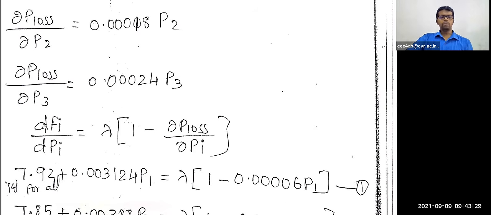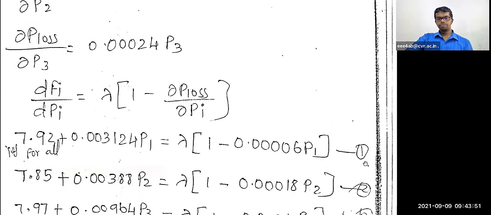I substitute dF1 divided by dP1 here, and ∂P_loss divided by ∂P1 here: 7.92 plus 0.00314 P1 is equal to lambda into 1 minus 0.0006 P1. Take this as equation number 1.